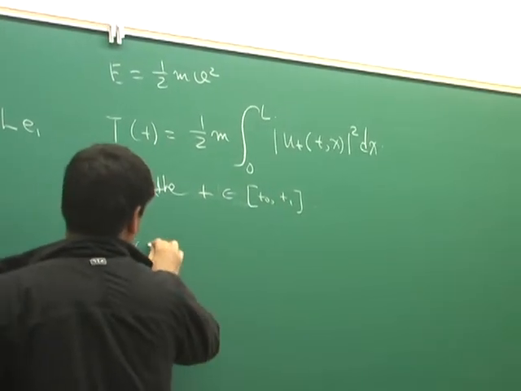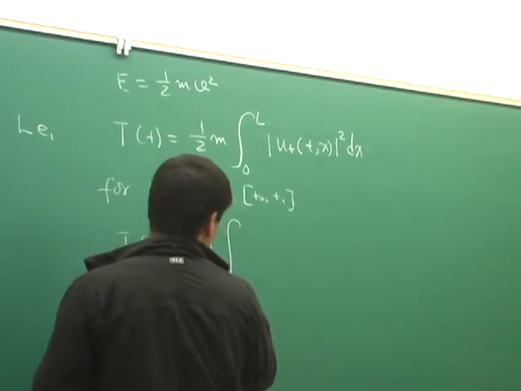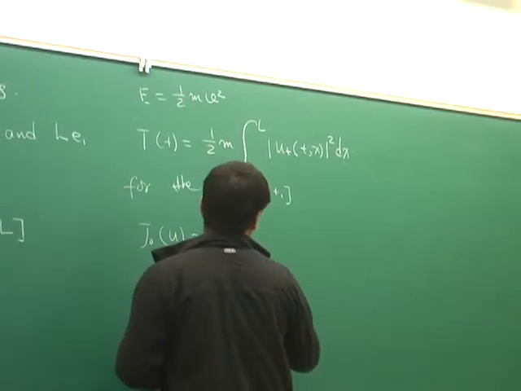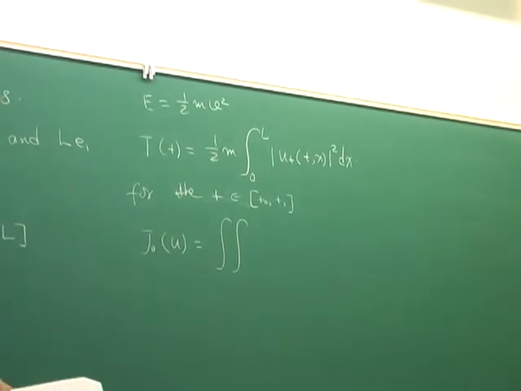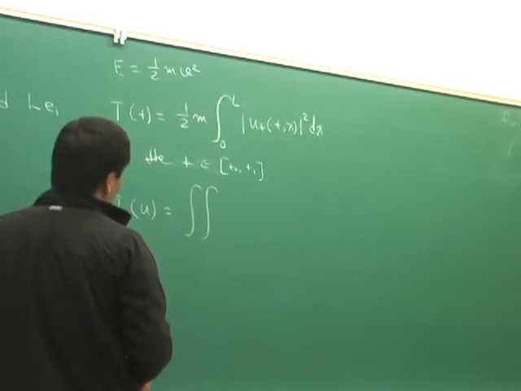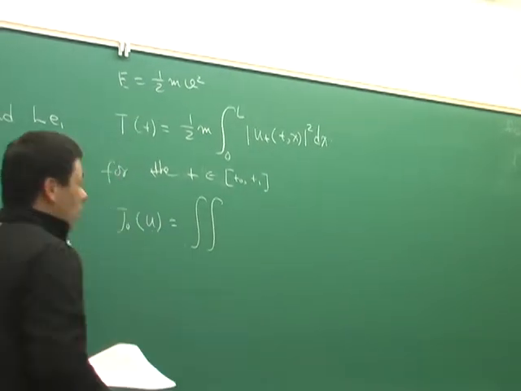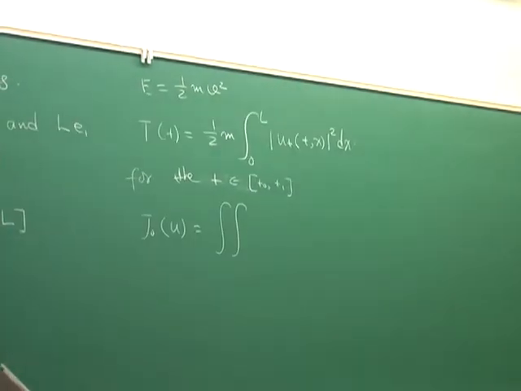I have the whole kinetic energy, which is J0. What is J0? This is the kinetic energy. Or what is T? You said T is kinetic energy. So this is the kinetic energy from t0 to t1, but this is for a particular time.